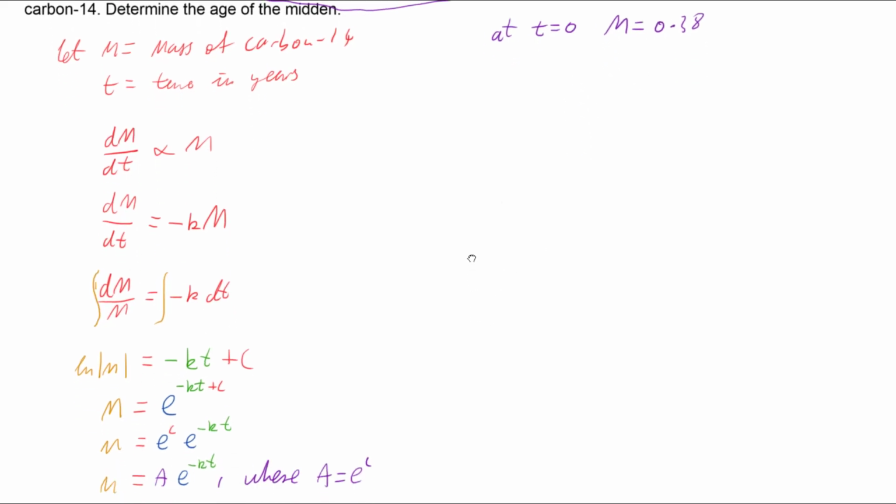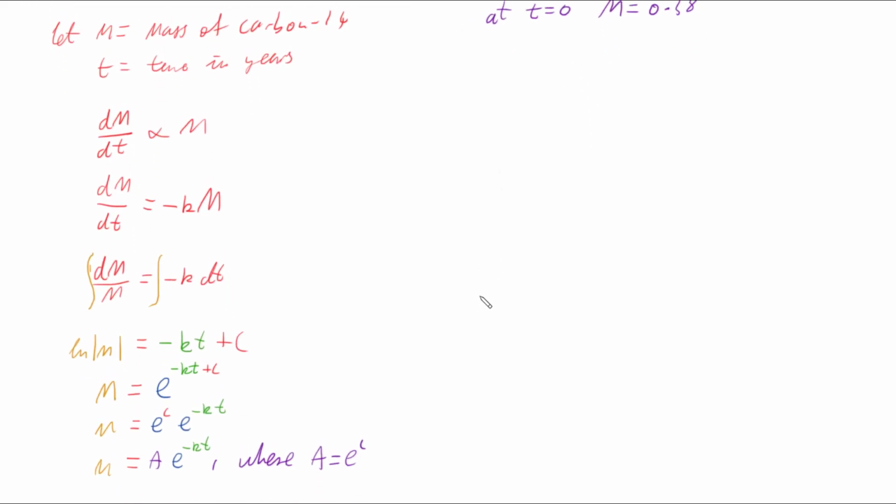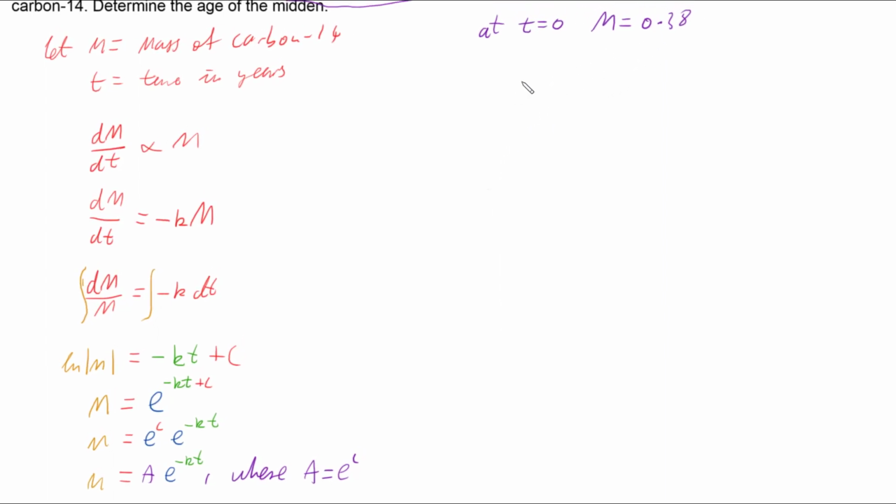So if we go to our equation, M equals A e to the negative kt, and put this information in, we have 0.38 equals A e to the negative k multiplied by t, which is 0. So now we've got e to the k times 0.